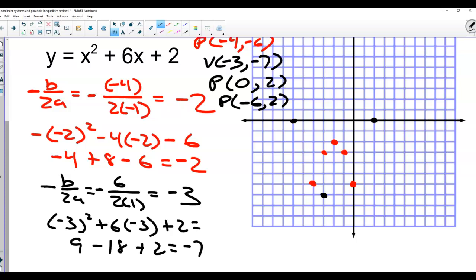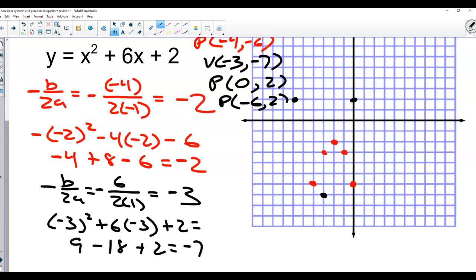Because there will be some obvious points of intersection. Whoops. My bad. Let me put that up correctly. 0, 2, 1, 2, 3, 4, 5, 6, negative 6, 2. Okay? If I start looking at this parabola, I would argue this point right here is probably a point of intersection. This point at negative 4, negative 6.